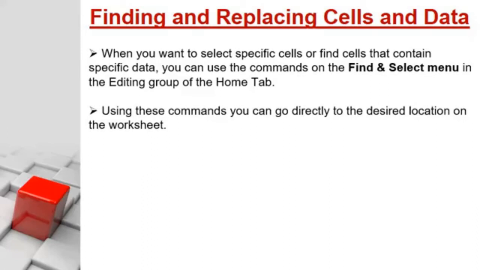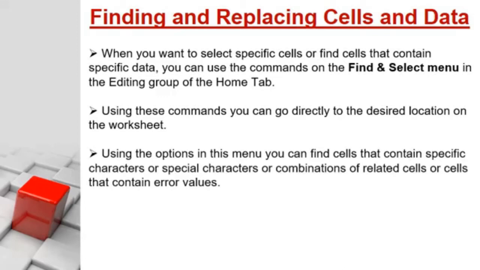Using these commands, you can go directly to the desired location on the worksheet. Using the option in this menu, you can find cells that contain specific characters or special characters or combinations of related cells or cells that contain error values.